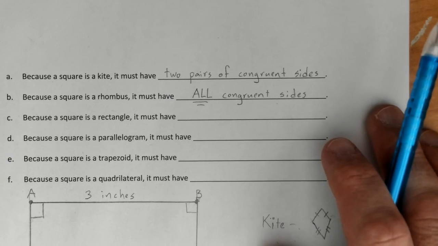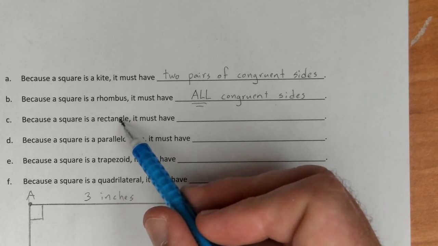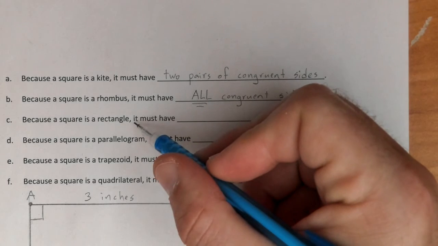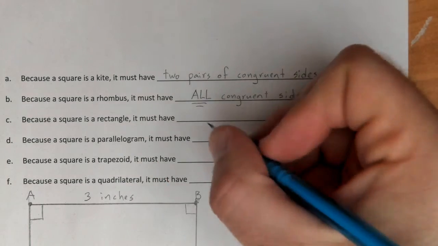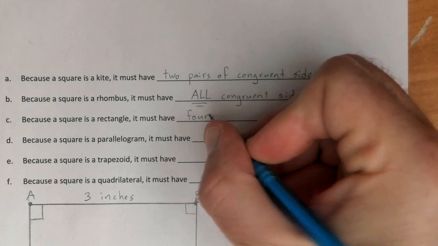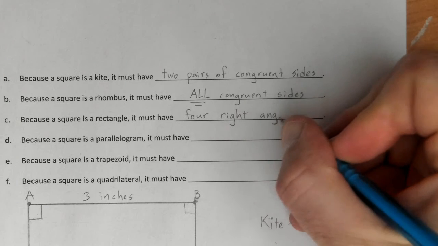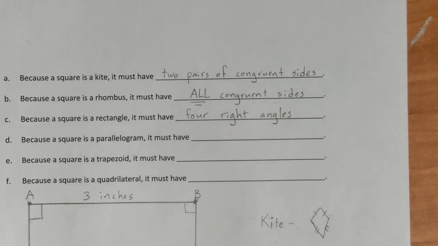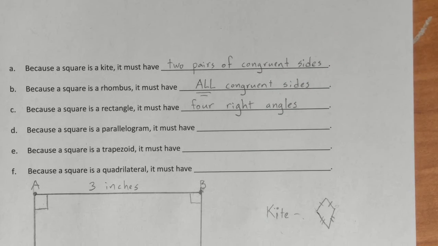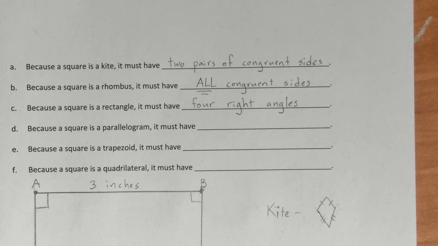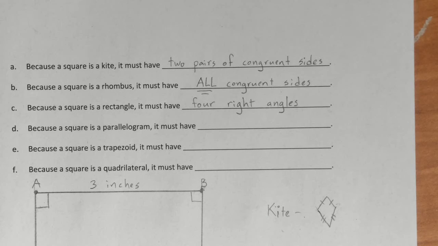Because a square is a rectangle, and every rectangle has four right angles, then the square must have four right angles. That is unique to a rectangle. That is unique to a rectangle. Parallelogram does not need that. Rhombus does not need that. Rectangles need that.